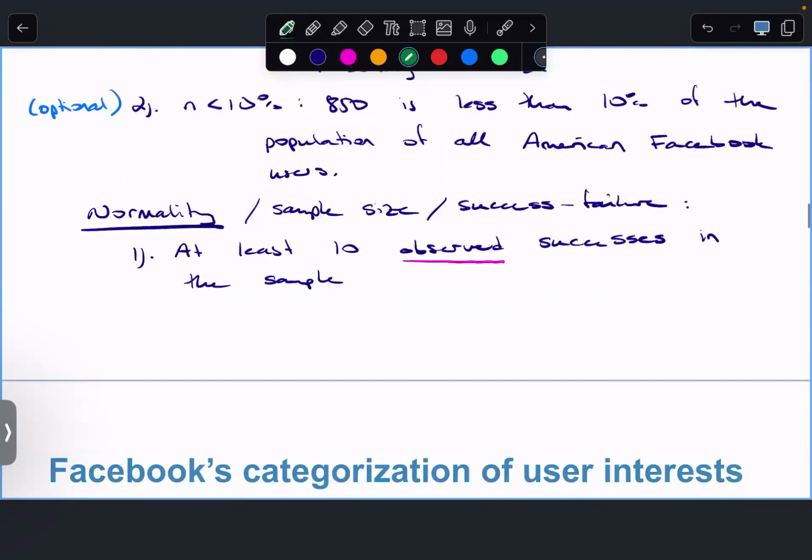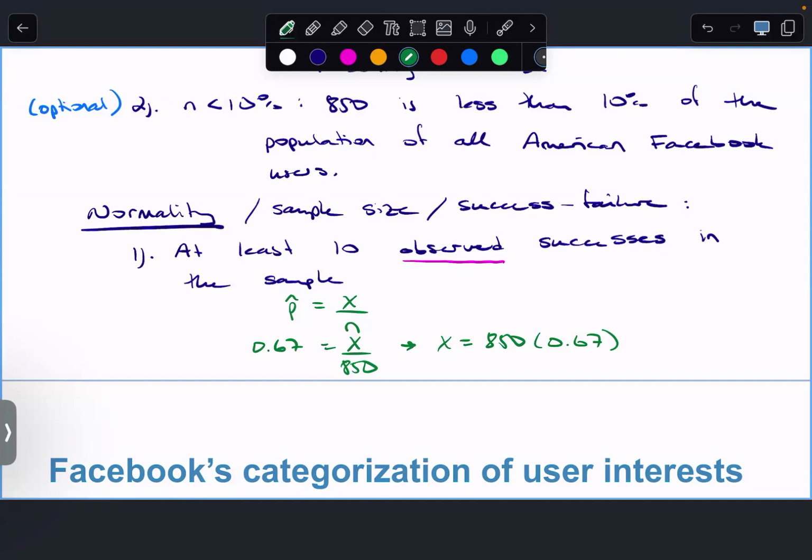For us, we were given p-hat. p-hat was 0.67, and p-hat is calculated as X over n. And so 0.67 is X over 850, which means that X is 850 times 0.67. I'm going to do the 850 on the outskirts, only because I like to have the decimals in the brackets.